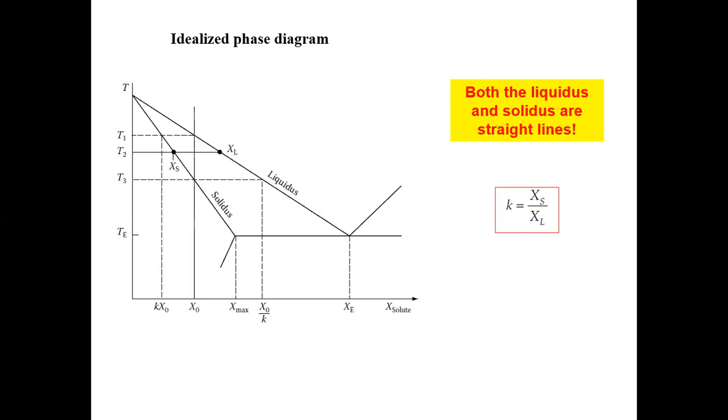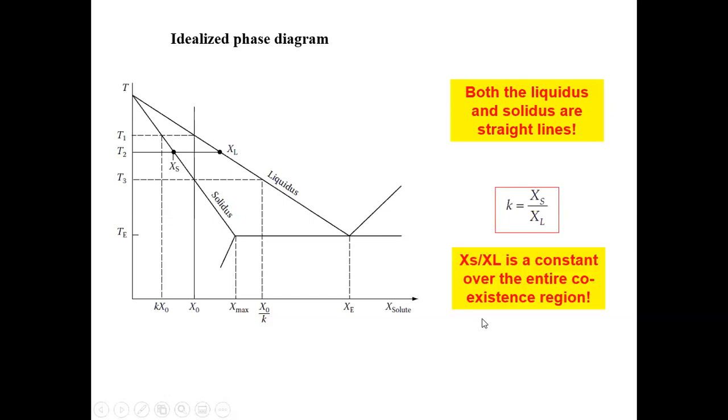Now how can we get K? You can get this from measuring the phase diagram. You can construct any tie line within this temperature range, T1 to T3, get the numbers, and get the ratio. That's how you get K. But the key point is that K is a constant throughout the solidification process. This gives us a lot of convenience, more than it seems for now, but we'll see it later.